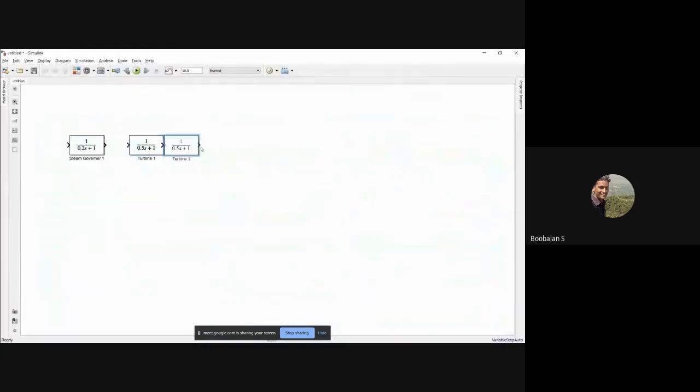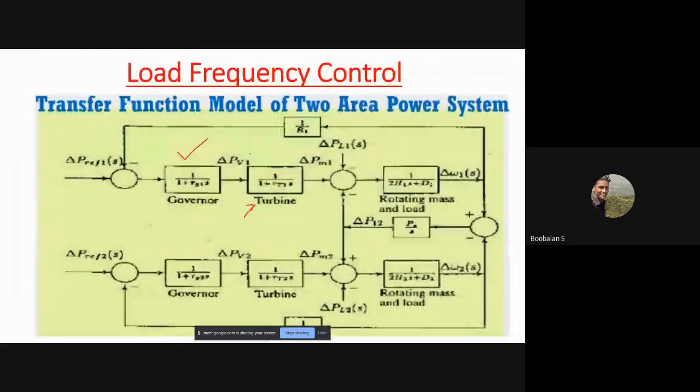We need one more transfer function to represent my rotating mass and load at area number one, right? We need 2Hs plus D, right?